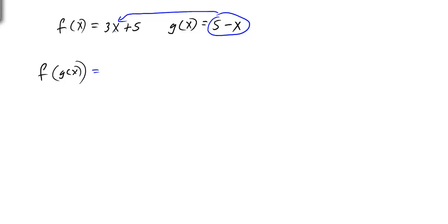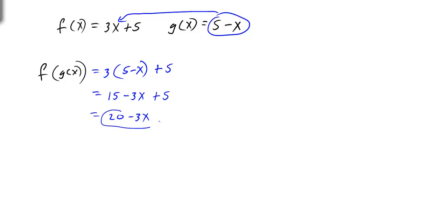So that means in place of x, we're going to substitute 5 minus x. So we would have 3 times 5 minus x plus 5. And then, of course, we could distribute the 3. So 3 times 5 is 15 minus 3x plus 5. And 15 plus 5 is 20. And we have a negative 3x, so we could have 20 minus 3x.